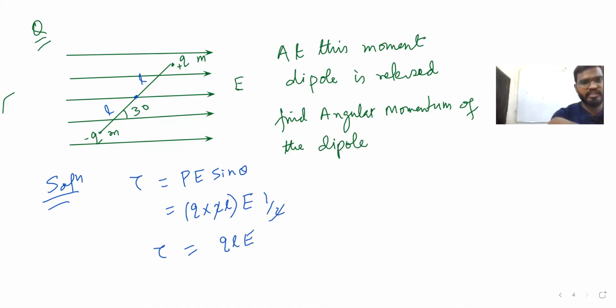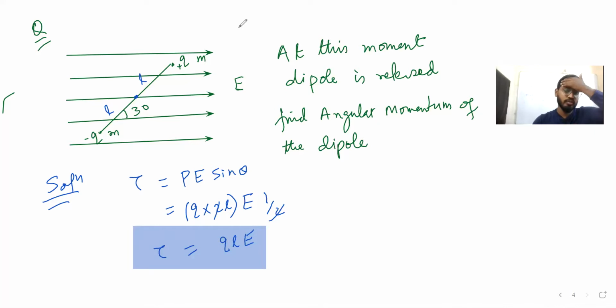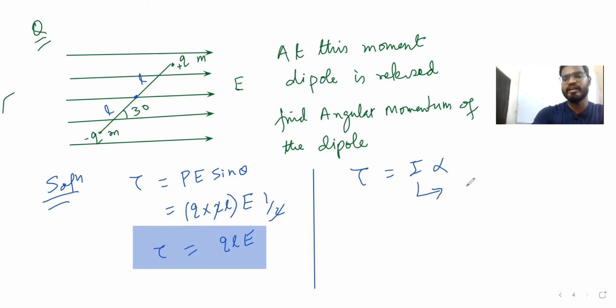Okay, leave the torque here itself. Now one more torque you will get. We know in class 11th you might have learned torque is equal to I alpha. I is the moment of inertia, and alpha is the angular acceleration.